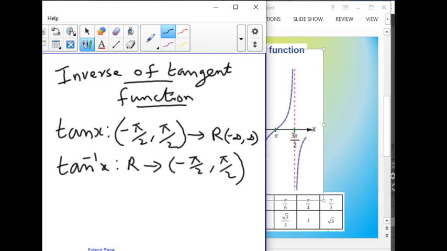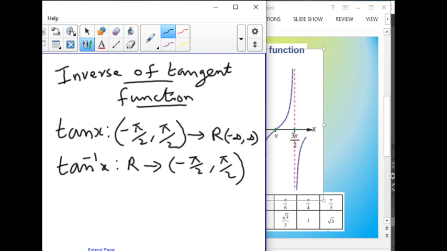Okay. Do you remember for sin x and cos x we used closed intervals. Here we are using an open interval. Why open? At minus pi by 2 and pi by 2 we don't have a curve. It is undefined. We have only vertical asymptotes for tan x. The vertical asymptotes of tan x become horizontal for tan inverse of x.